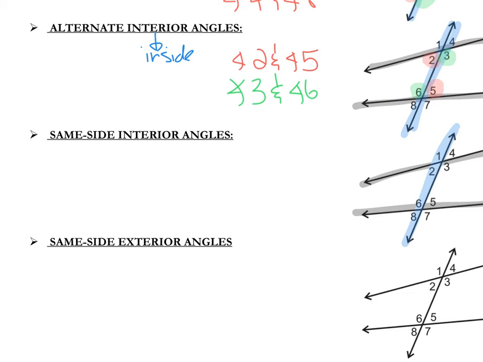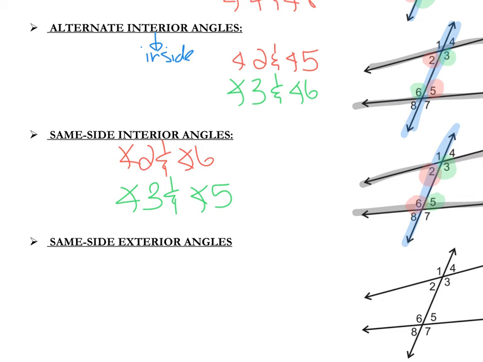So if I'm working with 2, the same side of the transversal would be 6. So angle 2 and angle 6. And then 3, the same side of the blue line would then be 5. So angle 3 and angle 5.